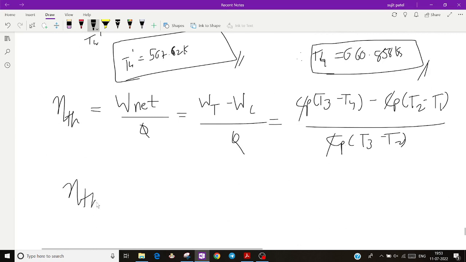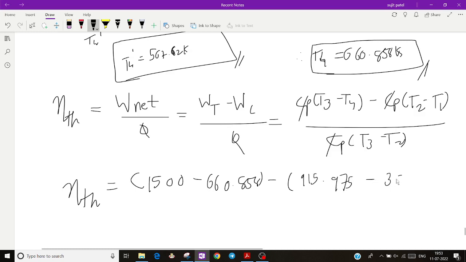So the thermal efficiency of the cycle is given by T3 value, that is 1500 minus 660.858 minus 915.975 minus 300, divided by T3 again, substituting all the temperatures that we have, minus the T2 value 915.975.